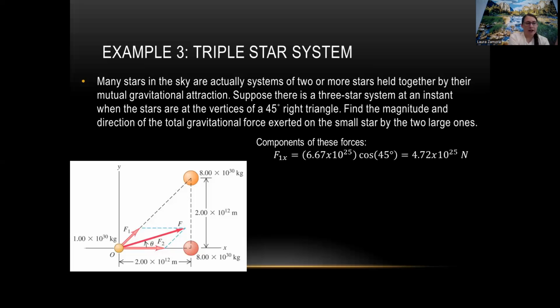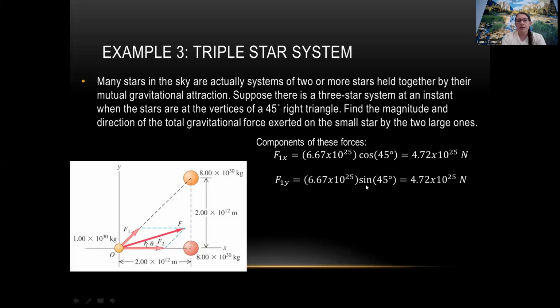So if we want to find the components of these forces, going way back to week 1, the components of a vector, the x component of this first force is that force times the cosine of the angle, which we were told in the problem statement is 45 degrees. So the x component of that force then is 4.72 times 10 to the 25 newtons.